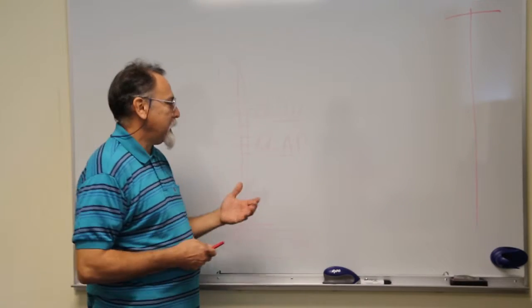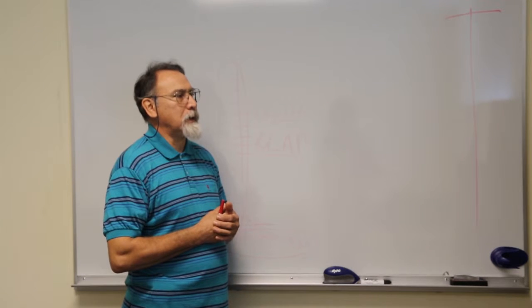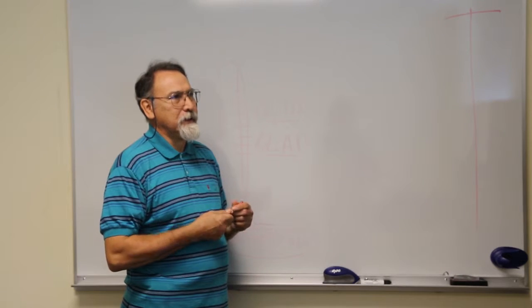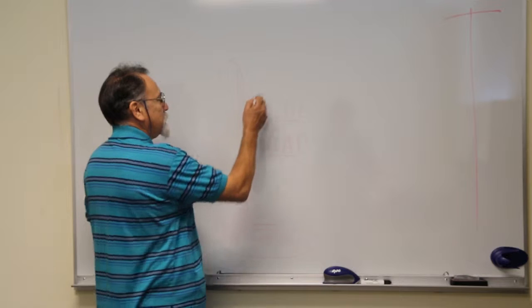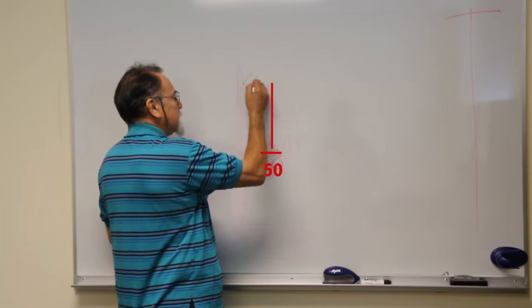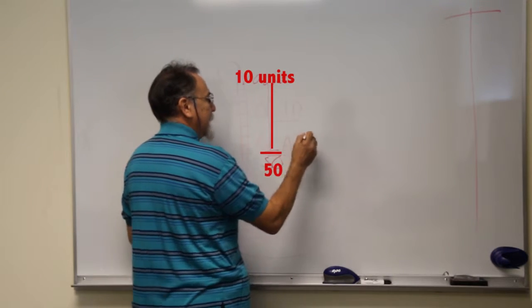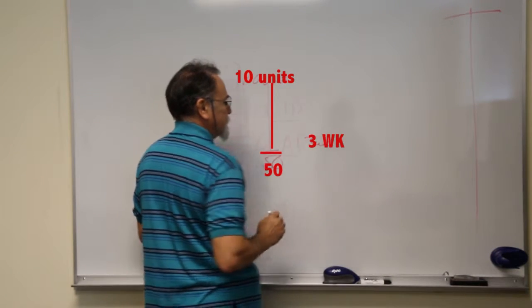The other thing is that on the analysis in the predictive world, so let's say you develop a minimum order of 50. So you consume 10 units a week, and it takes 3 weeks to get an order.